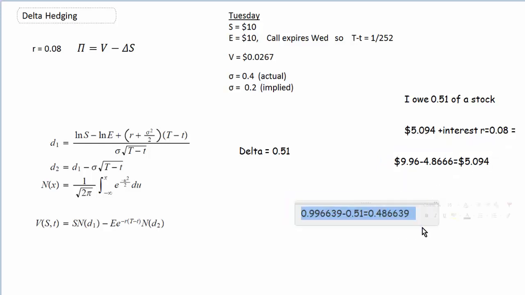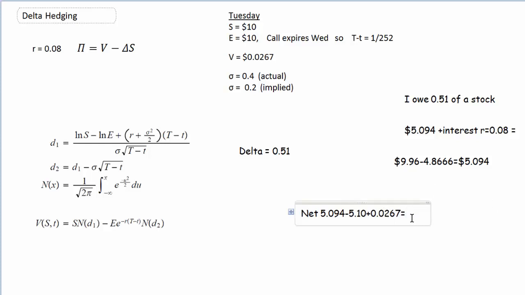So what's my net position? Well, net is going to be the cash I have, minus what I owe, minus that $5.10, that's my stock debt, plus I own the option, which I guess I could sell in the market for that.